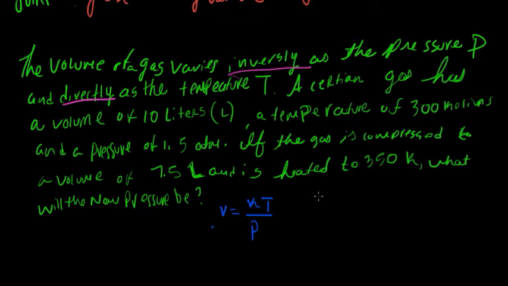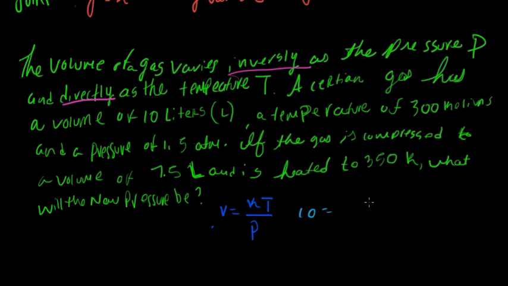Now let's go ahead and use the information given to find what K is equal to. What is our value of V? To find K, V would be equal to 10 liters.